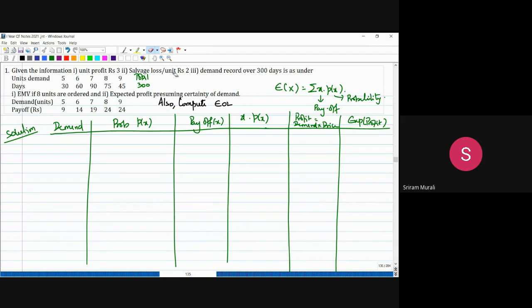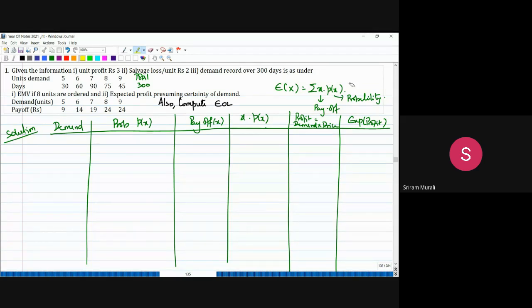Expected profit presuming certainty of the demand. So we want to find the expected value. What is the meaning of expected? We learned in probability: E of x is equal to sigma x into P of x, where x is the payoff here and P of x is the probability.